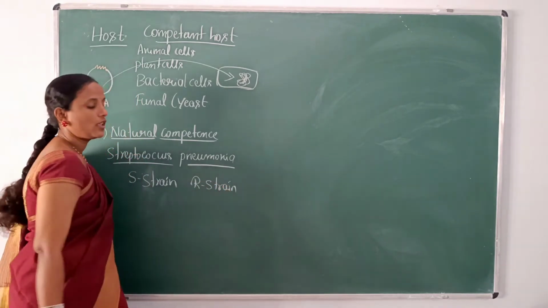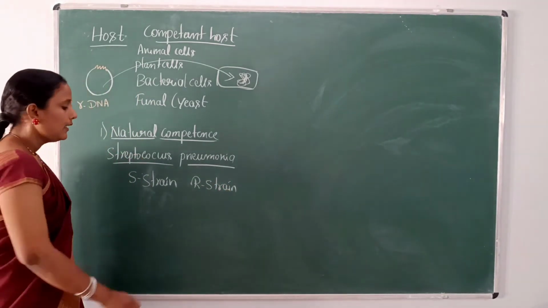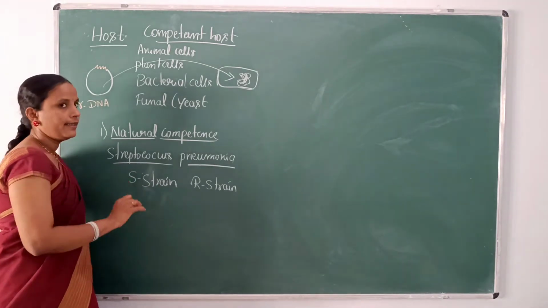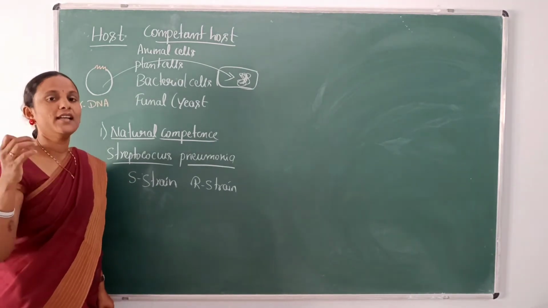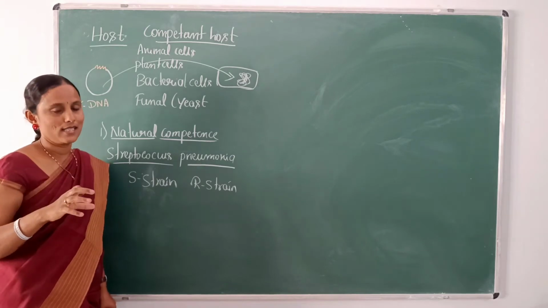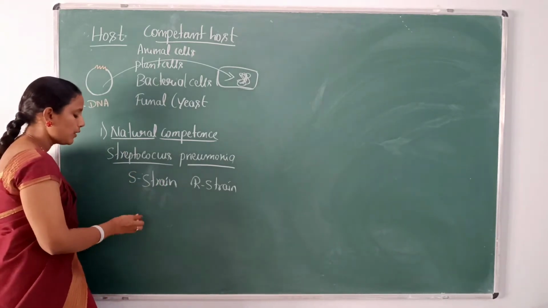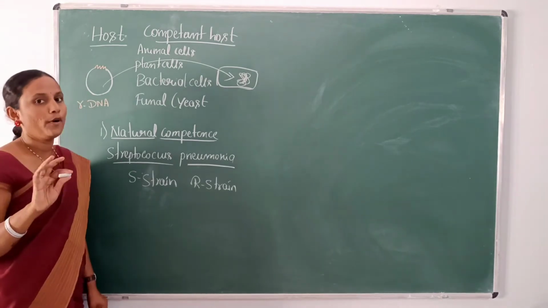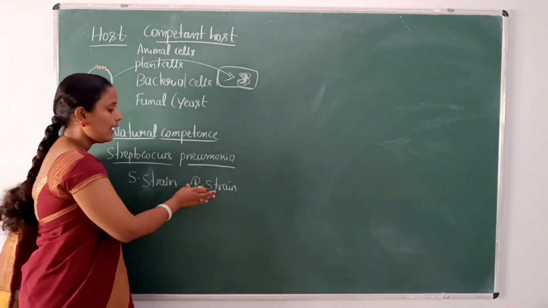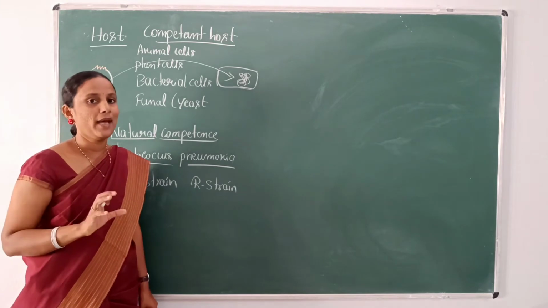So when he was conducting some experiment, S strain is pathogenic and it was causing disease in mice and responsible for death of mice, and it is because of the presence of polysaccharide capsule. And R strain is not pathogenic.